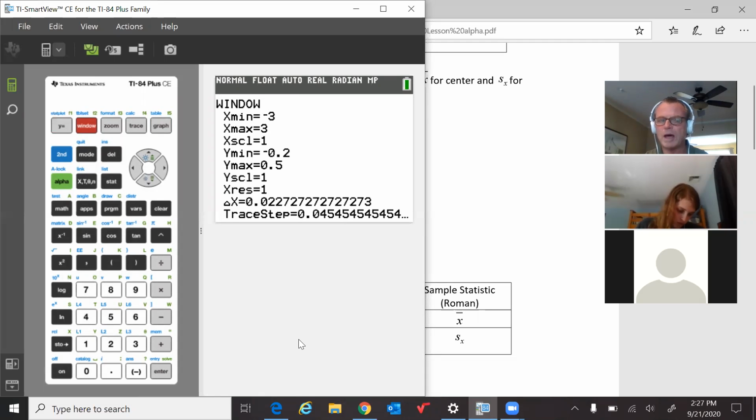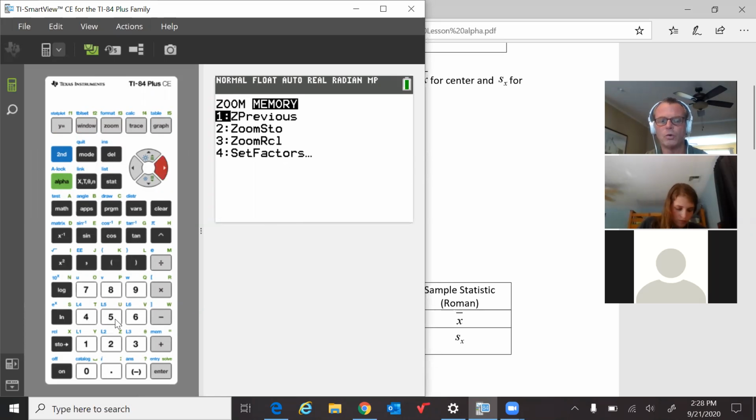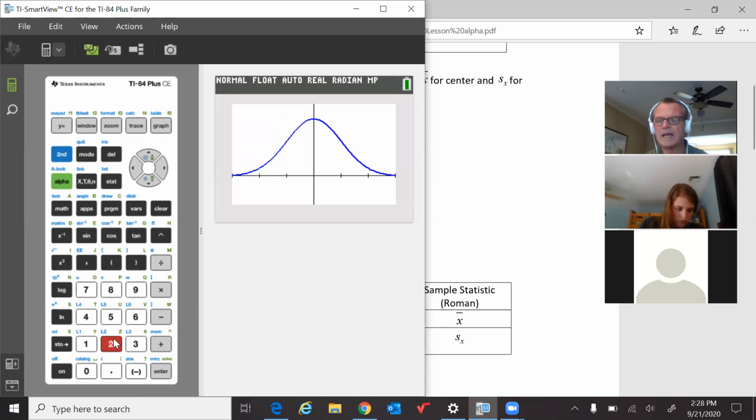After you do that, if you have this window in there, -3 to 3 for the X's and -2/10 to 5/10, and you can change the Y's if you want a different perspective on it, you go to ZOOM, MEMORY, and push 2, Store, and what that does is store that one window in there.